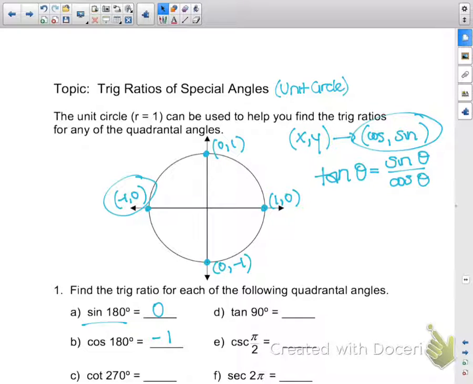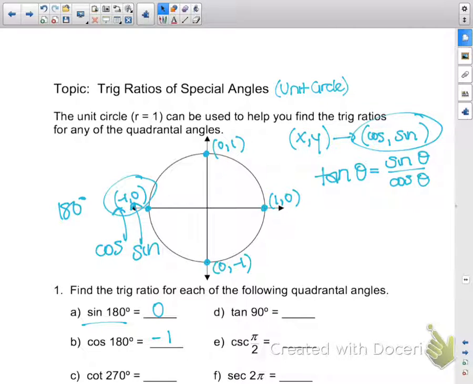The x is the cosine, the y is the sine. In every single one of these points, the x value, that's the cosine of that angle, and the y is the sine of that angle. Always. This angle over here is 180 degrees from our unit circle. So if it asks me sine at 180, I go over to 180 and I look at the y value, and that is my answer.